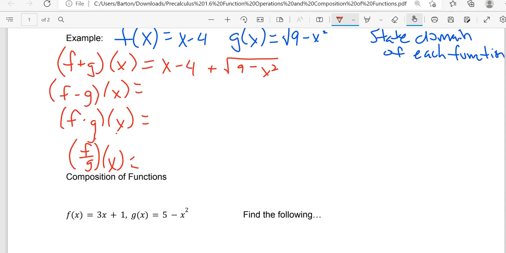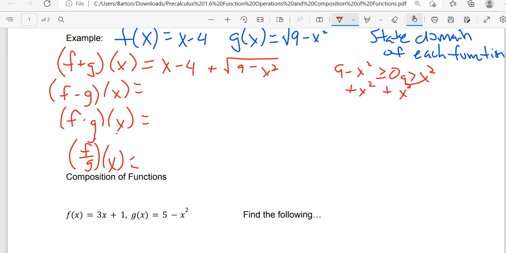But we're going to write the domain. And we have a square root, so I'm sure you know how this rolls. Isolate x, add x squared. X squared is less than or equal to 9.